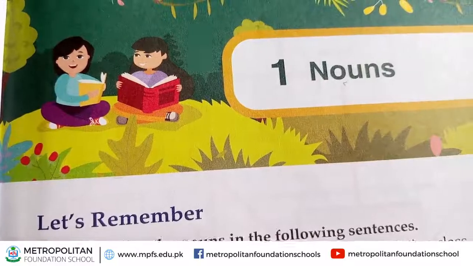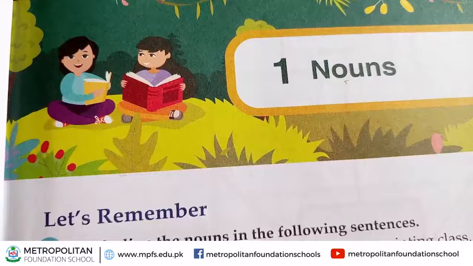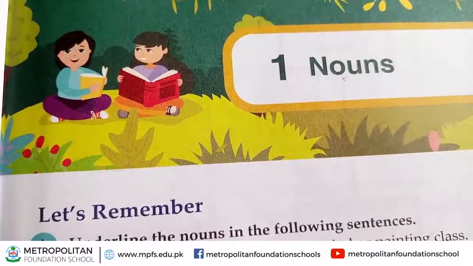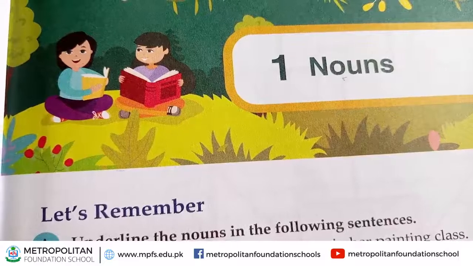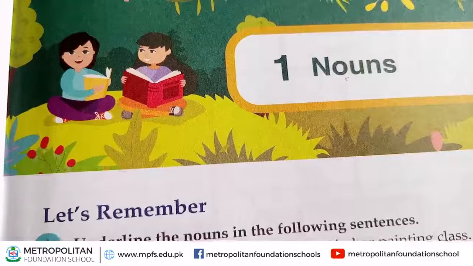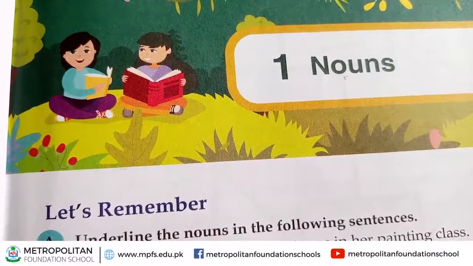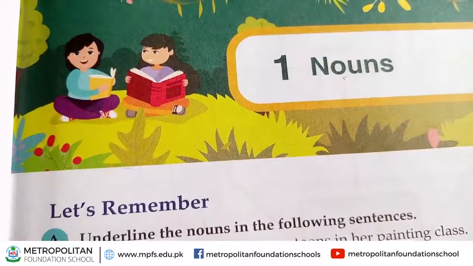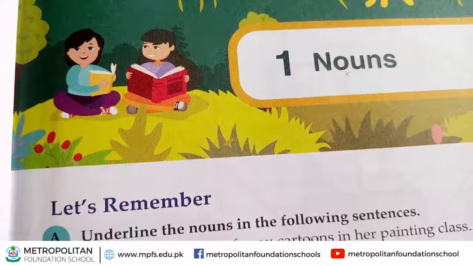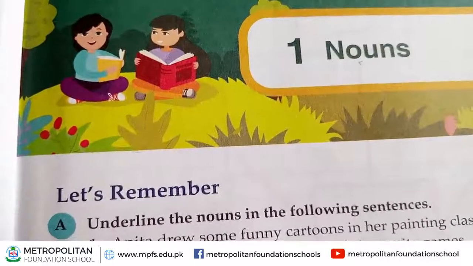As you already know, nouns are broadly classified into the following types, that is proper noun, common noun, collective noun, compound noun, material noun, countable noun and uncountable noun. Those are the classifications of noun types.